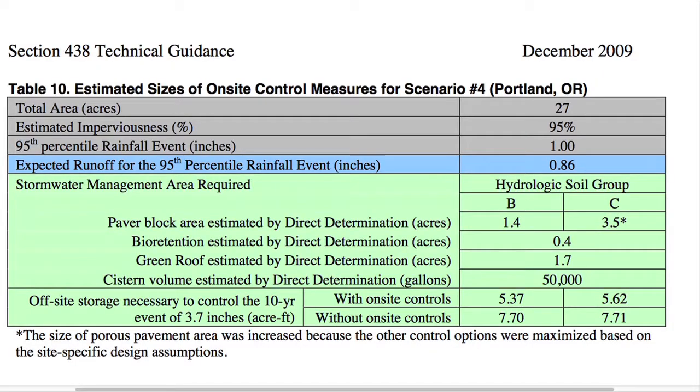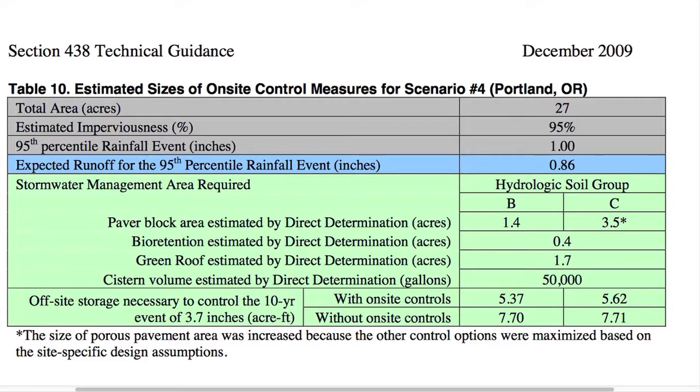A total of 1.3 acres of the site is pervious area or landscaped, of which 0.4 acres or 30% of the pervious area could be converted to bioretention cells that have a storage depth of 10 inches. Of the 8.8 acres of current rooftop area, 1.7 acres or 20% of the rooftop area could be retrofitted into vegetated roof areas.